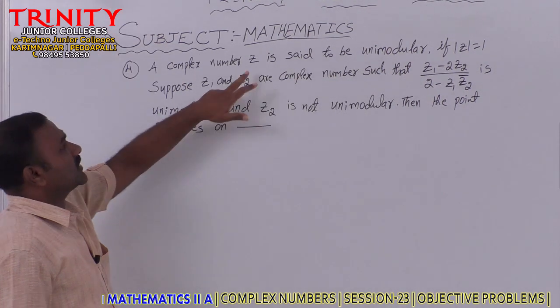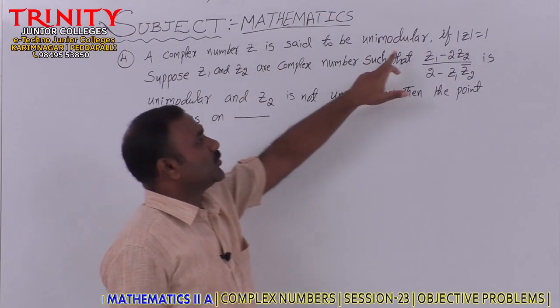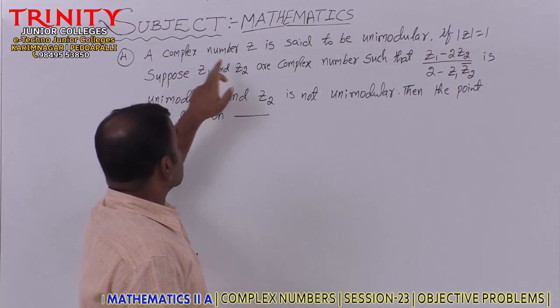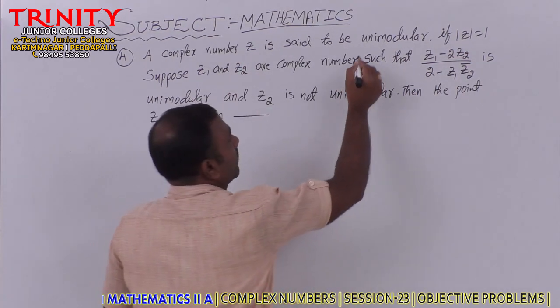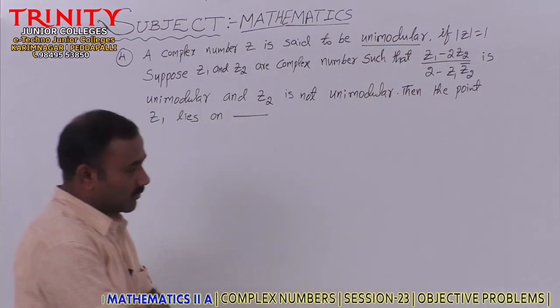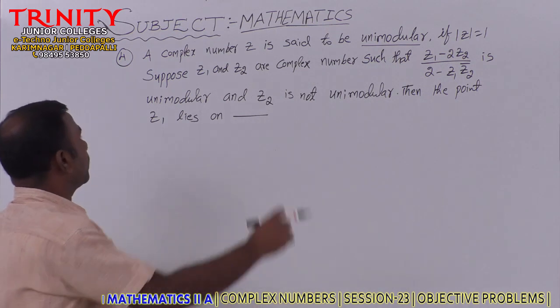A complex number z is said to be unimodular if mod z equal to 1. Means modulus of the complex number is 1.